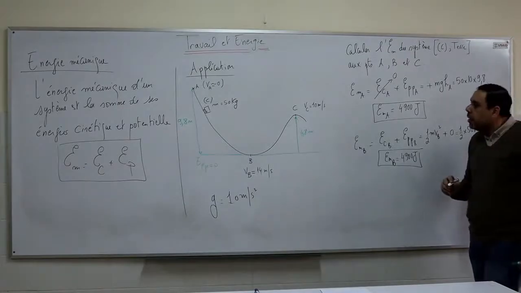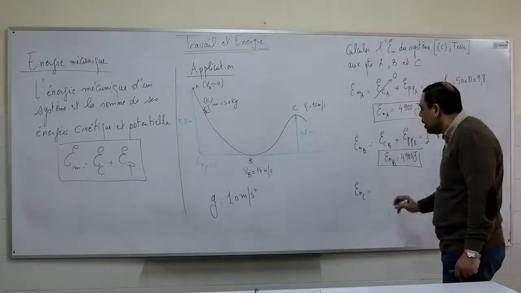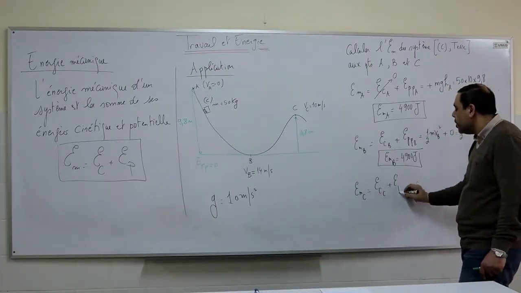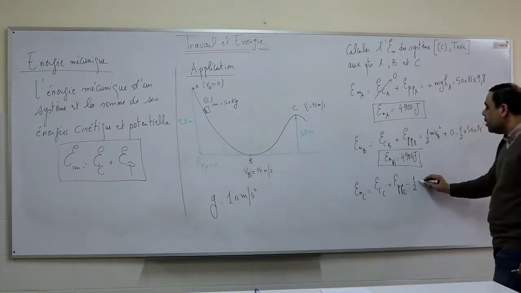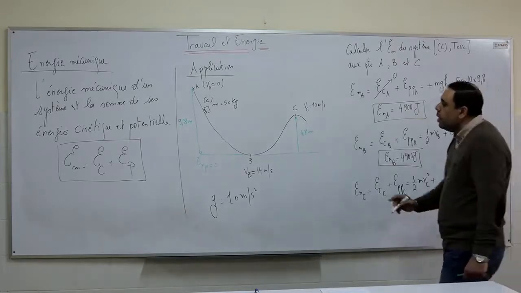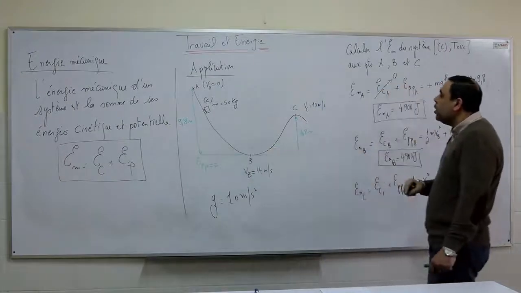Now for the mechanical energy at C. It is equal to the kinetic energy at C plus the gravitational potential energy at C. Half m v_C squared plus... Point C is above the reference level of the gravitational potential energy.